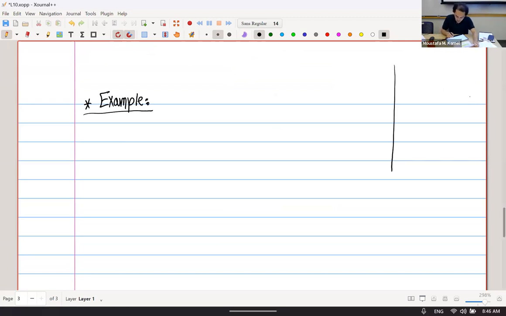So assume we have a ball coming to a wall with velocity 1.3 meters per second. This is a wall. Okay, and this ball has mass m equals 0.25 kilograms.